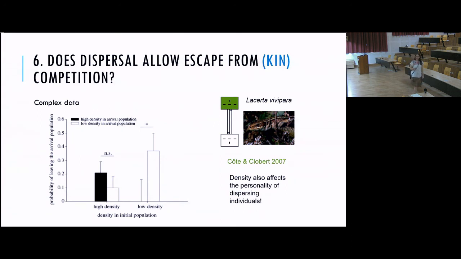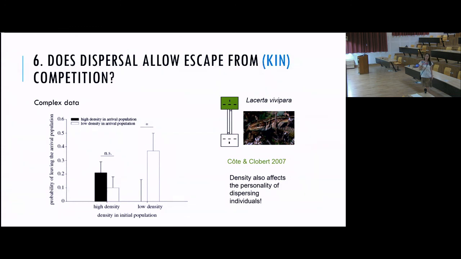And what they found is that they looked at individuals dispersing from one patch, joining another patch, and they looked at whether those individuals would actually say, I don't like it here, I want to go back where I was. So they would capture them going back. This is what is indicated here, the probability of leaving the arrival population. So those are dispersing individuals that finally didn't want to go there and wanted to return to their home patch.